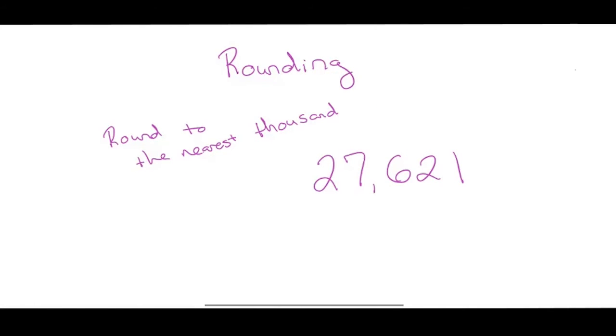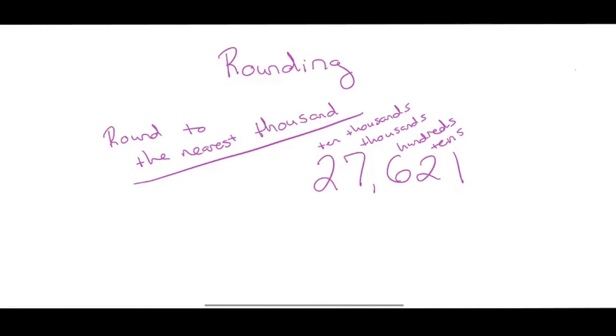So let's say we have 27,621 and we want to round to the nearest 1,000. Well, remember that 2 is in the 10,000s place. The 7 is in the thousands place. The 6 is in the hundreds place. The 2 is in the tens place. And the 1 is in the ones place. Well, I want to round to the nearest 1,000. So I find the thousands place. And then I look immediately to the right and I see that it is 6.